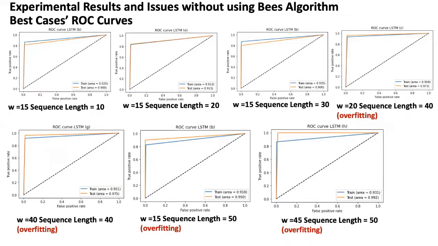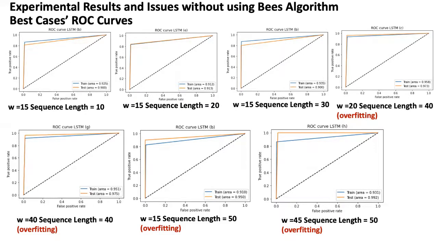Here are the ROC curves and best-case scenarios without using the Bats algorithm. There are some issues in these results, because we can clearly observe that for some parameters there is overfitting, and the test accuracy is better than the train accuracy.